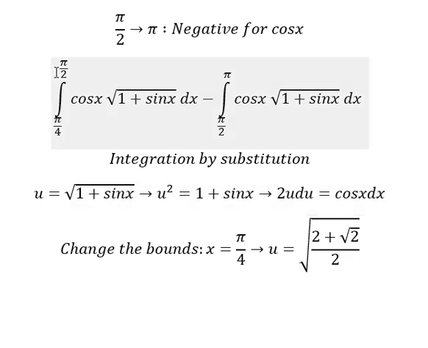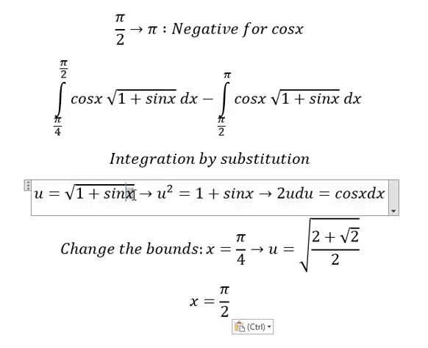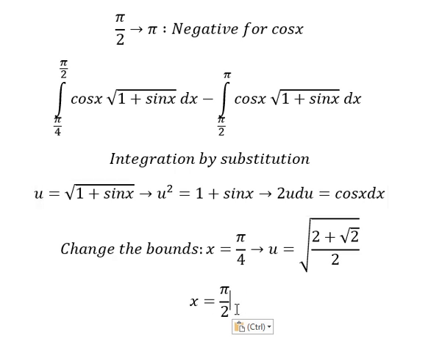So when x equals pi over 2, so we put pi over 2 in here to find the value of u. So u equals the square root of number 2.